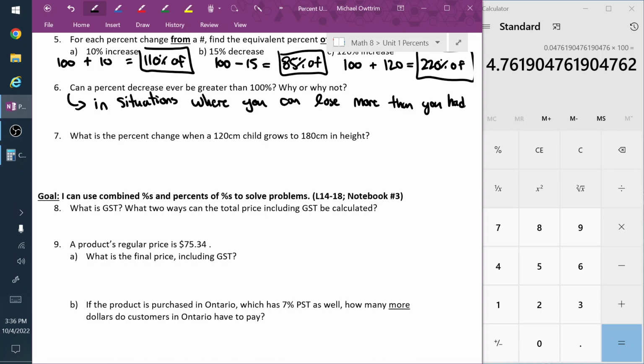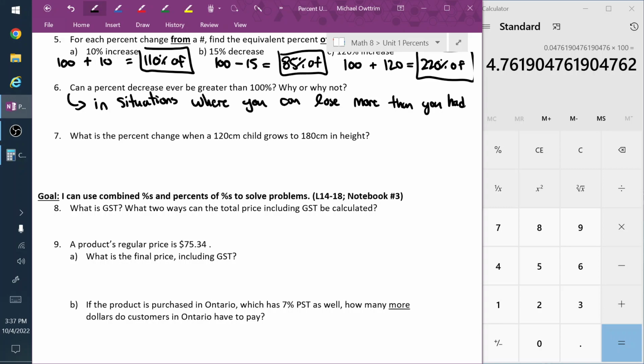So we could have a more than 100% decrease in temperature, for example, because we could go into the negatives in temperature. Okay, anything else where we can't lose more than we have, we would not be able to have a percent decrease greater than 100. Most you could lose is what you have, right? If I have 33 students, I could have 100% of them leave, but I couldn't have more than 100% of them leave. There isn't more than 100% of them to begin with.